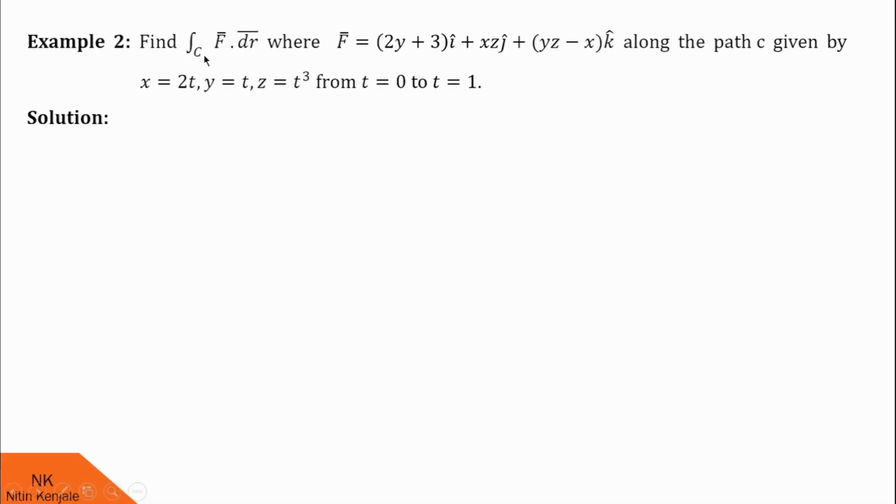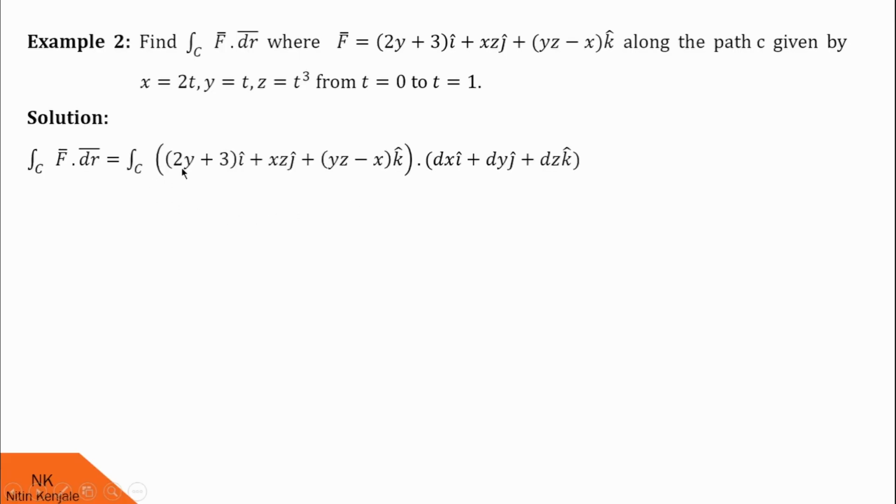So this integral of F bar dot dr bar along C becomes the integral of (2y+3) i cap plus xz j cap plus (yz−x) k cap dot dx i cap plus dy j cap plus dz k cap. Taking the dot product of these two vectors, we get the line integral equal to (2y+3) dx plus xz dy plus (yz−x) dz. I hope you know how to find the dot product of two vectors.